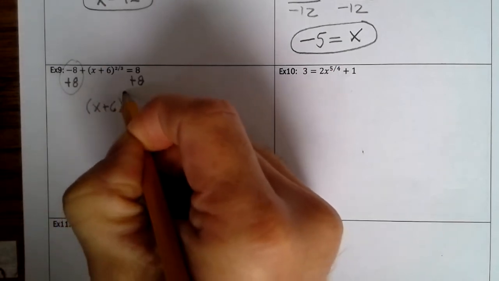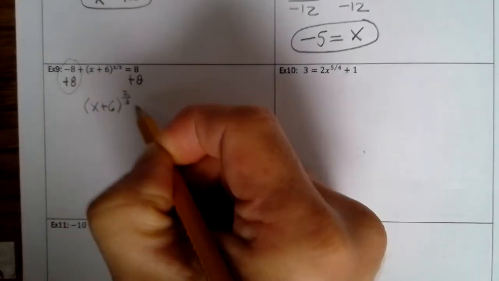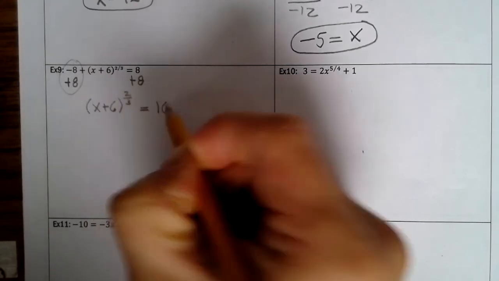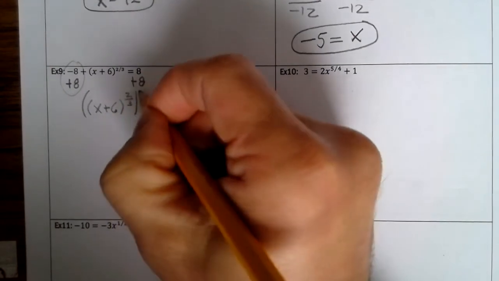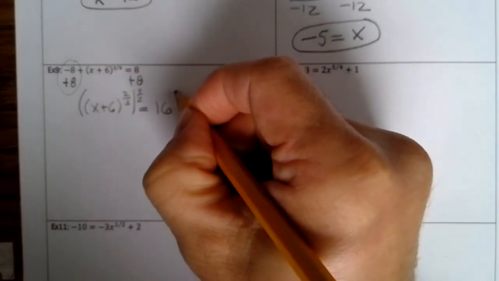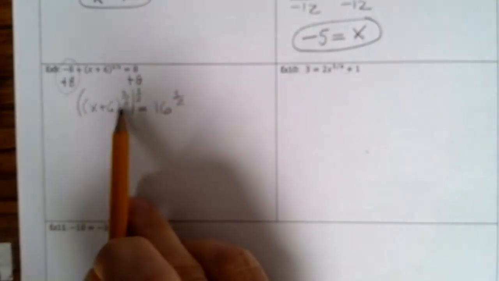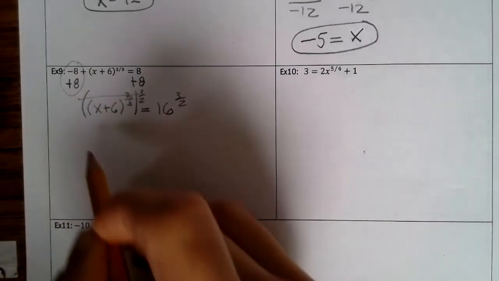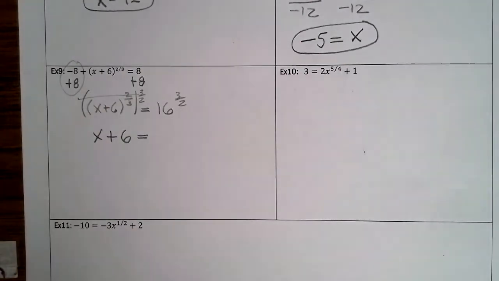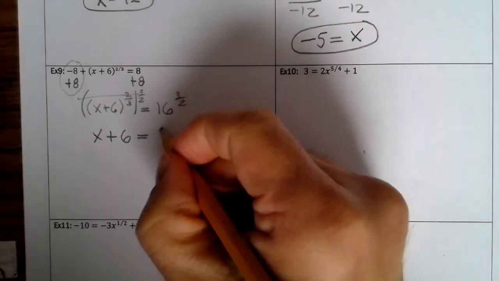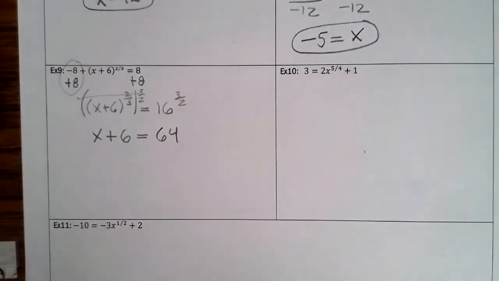And we need to raise both sides to the 3/2. This becomes power of 1. You get x plus 6 equals 16 to the 3 divided by 2, which is 64. Subtract 6 from both sides. X equals 58.